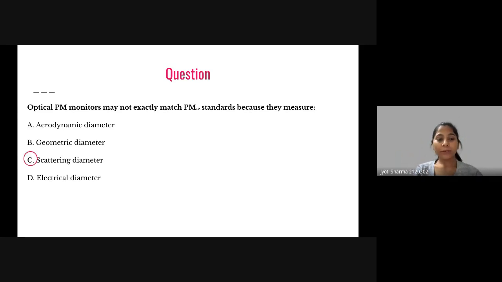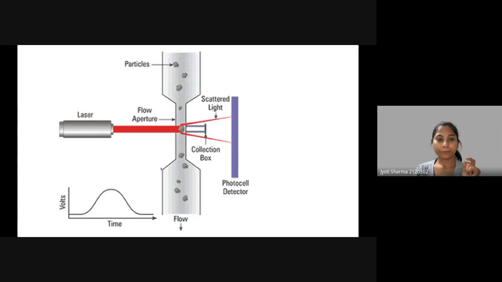Okay, so what we were talking about is optical particulate matter monitoring. Scattering diameter is not equivalent to aerodynamic diameter. We have talked about this.